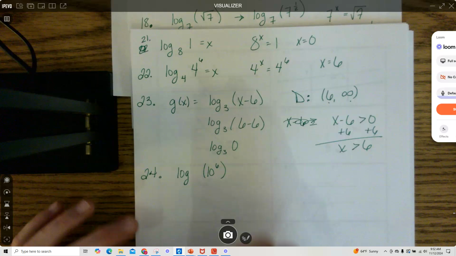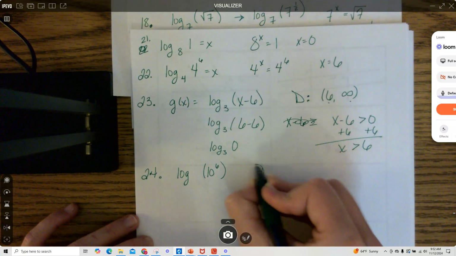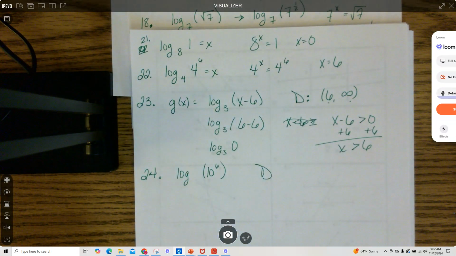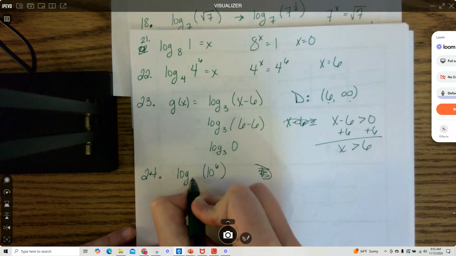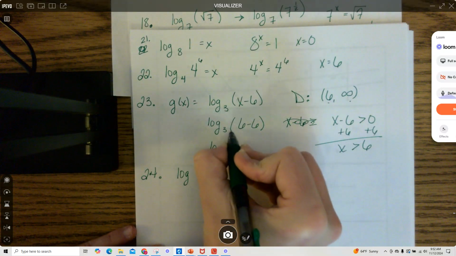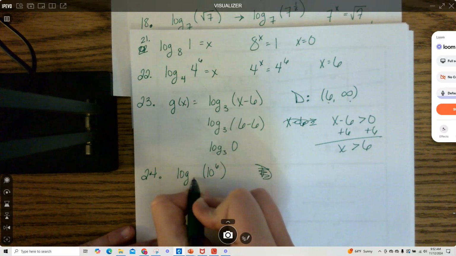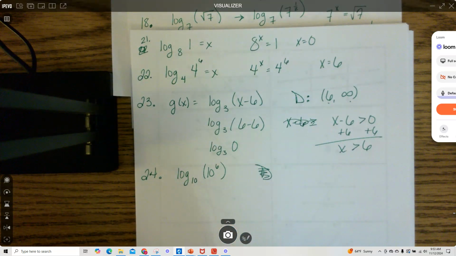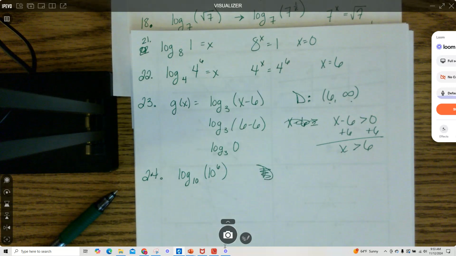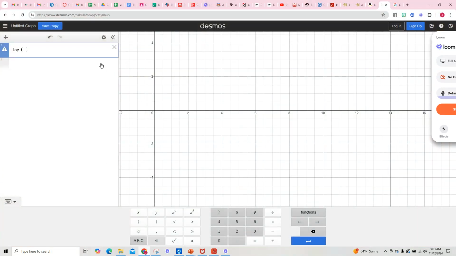Okay, this is what I was talking about with the other one. It wants the domain again of this. No, it just wants to solve it. Oh, it wants you to solve it. If they don't put a little number here, if they don't put a base here, it's an assumed 10. And so that's what you were looking at, Peyton.